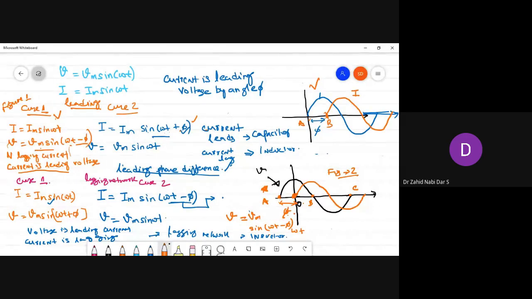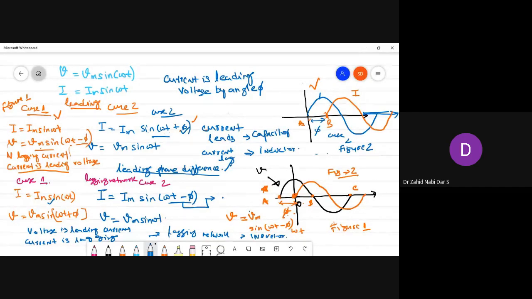Here I'll write figure 1. If you want to go for case 2, this is blue, so this is case 2, figure 2. Okay, take down.